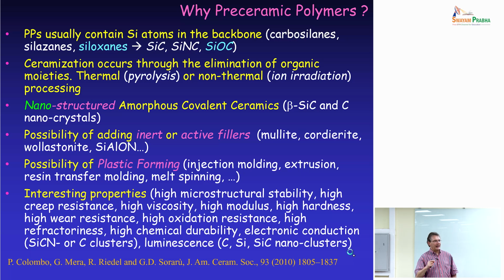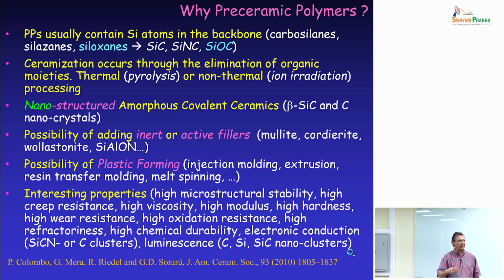Let me mention that when you're using preceramic polymers, you have a lot of advantages in terms of shaping and forming. You can use any type of technology that you apply to polymeric materials to shape your component, and therefore you can blow them. You can make hollow components, porous components. You can spin them into fibers, solution spinning or melt spinning.